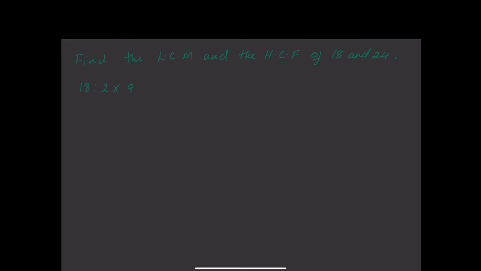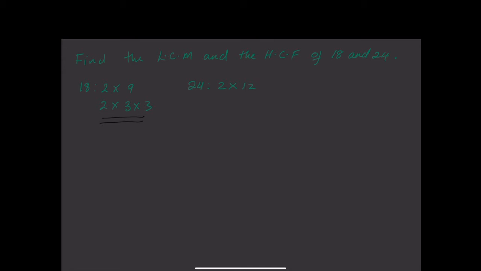So I'm going to start with 18 and I'm going to write down 2 times 9. Bring down the 2, times 3 times 3. So I've expressed 18 as a product of its prime factors. I'm now going to write down 24. So I'm going to write down 2 times 12.